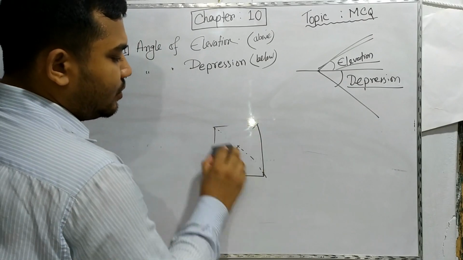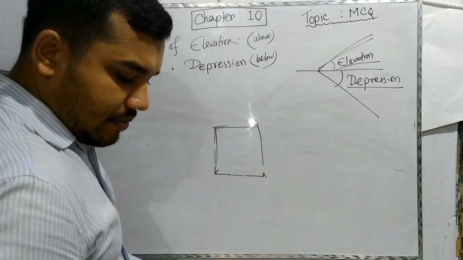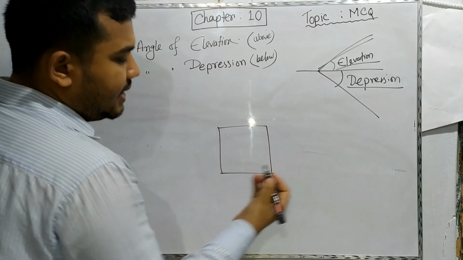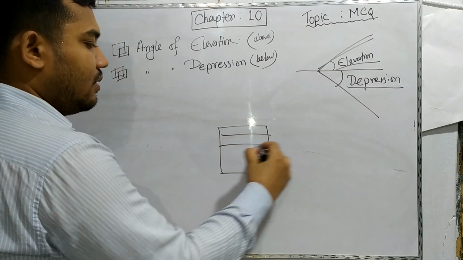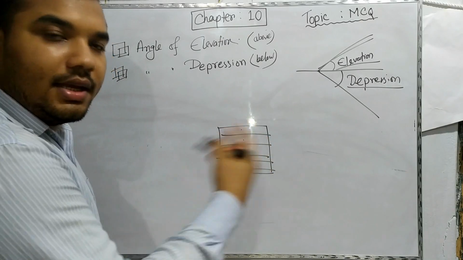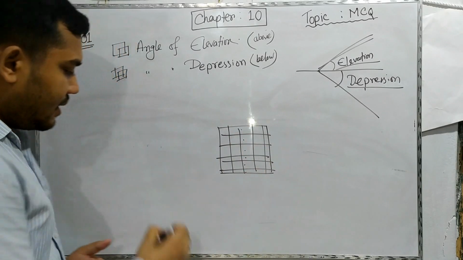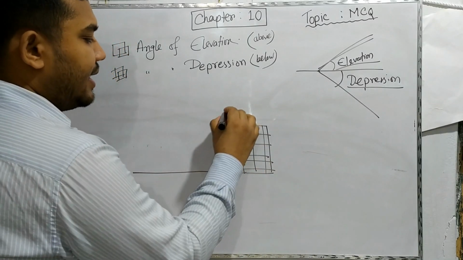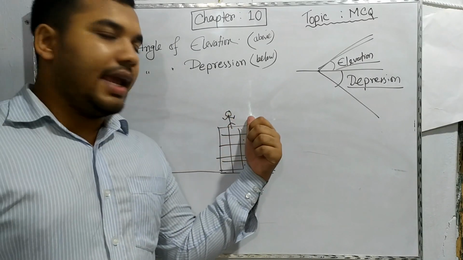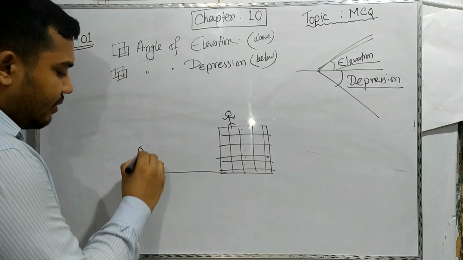Again, I wanted to show another example. Suppose this is a 1, 2, 3, 4, 5, 6, six-storied building. In this building, suppose a friend of yours is staying on the top of the roof, and you are here.